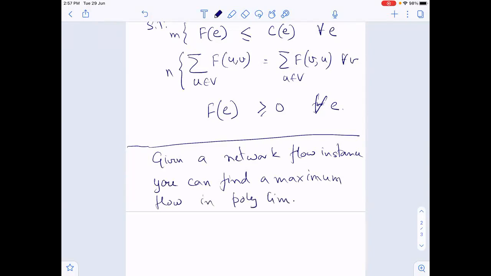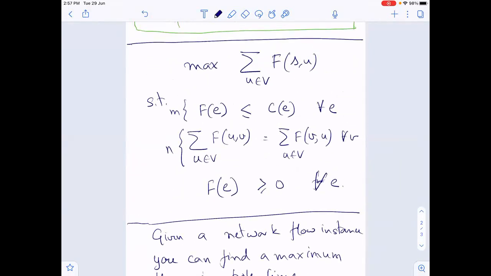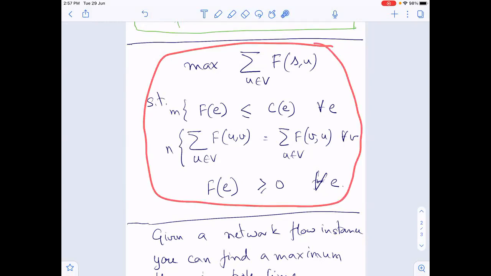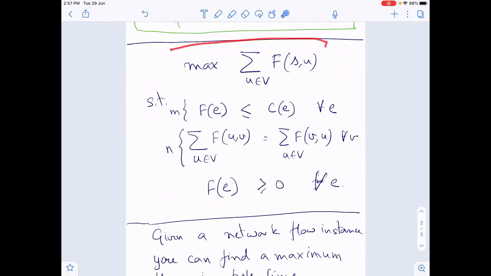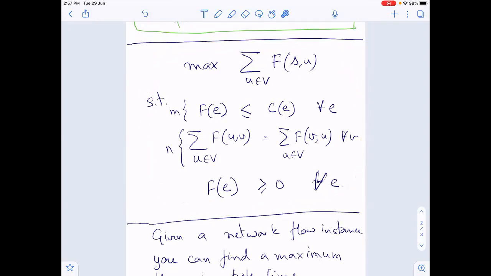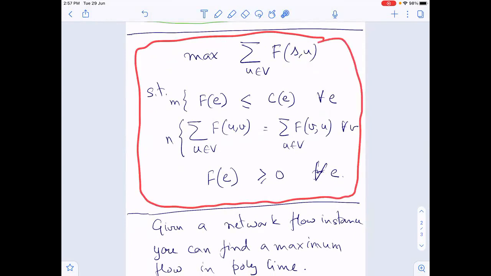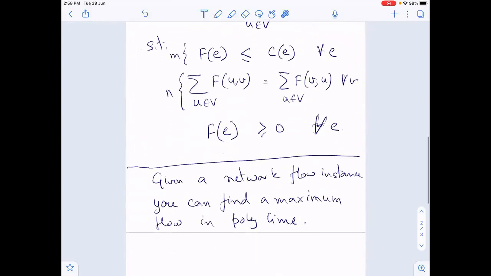Why is it polytime? Because I had told you that this is an LP, not an ILP. You note that this is actually an LP, and so this LP, of course, can be solved in polytime. I promised you this in the previous class, right? So you are using the fact that LP can be done in polytime. Okay, good.